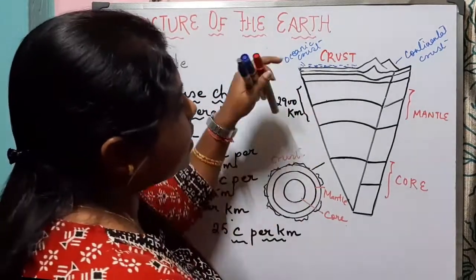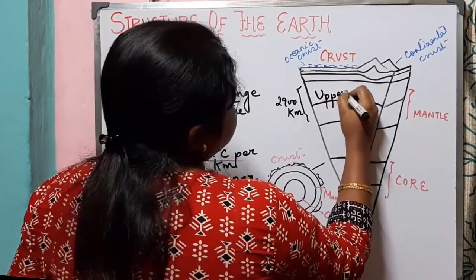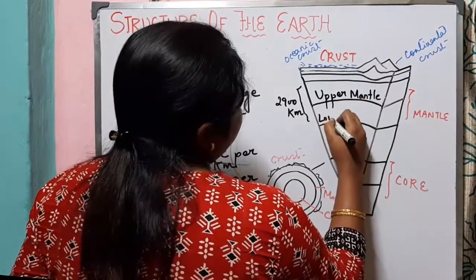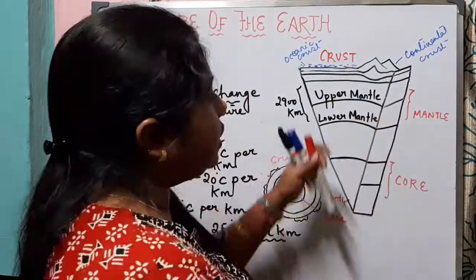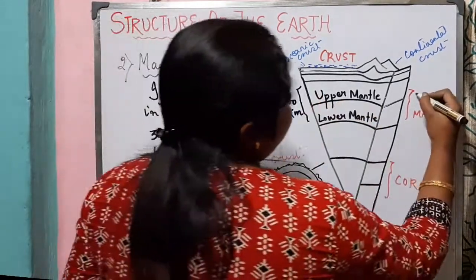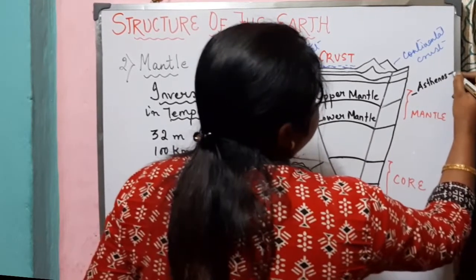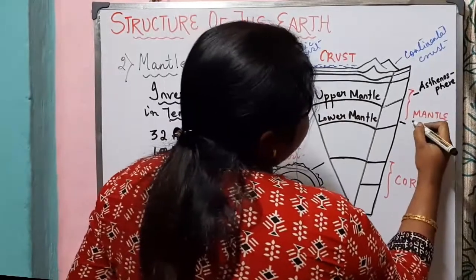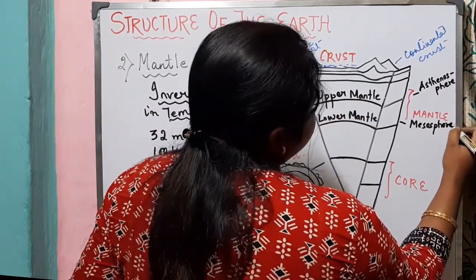Now the mantle is divided into two layers, the upper mantle and the lower mantle. The upper mantle is also known as the asthenosphere, and the lower mantle is known as the mesosphere.